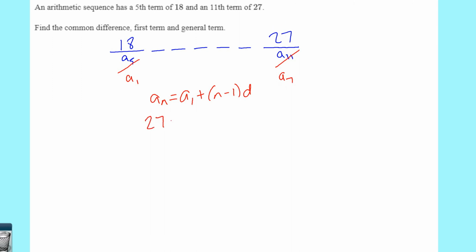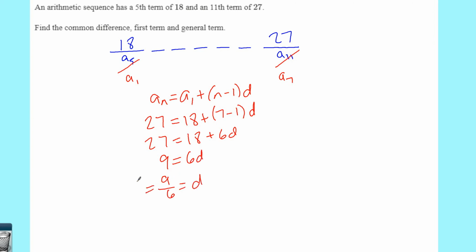So 27 must equal the first term plus, that was the 7th number in line, times the difference we don't know. 27 equals 18 plus 6d. So then we get 9 equals 6d. Our difference is 9 over 6, or 3 halves.